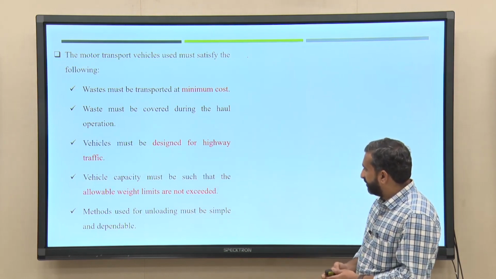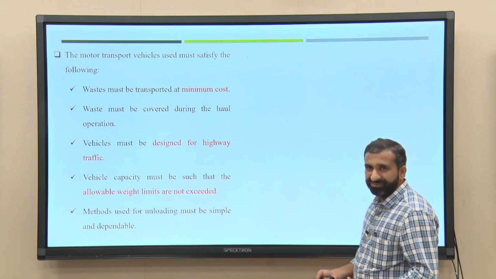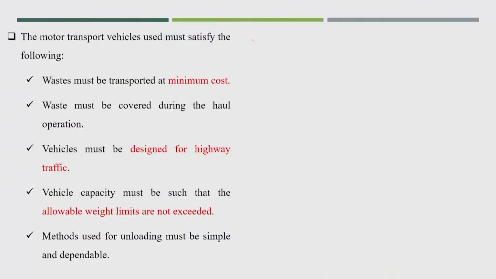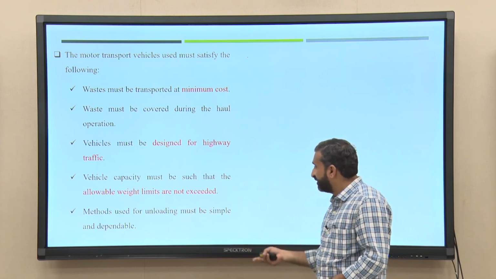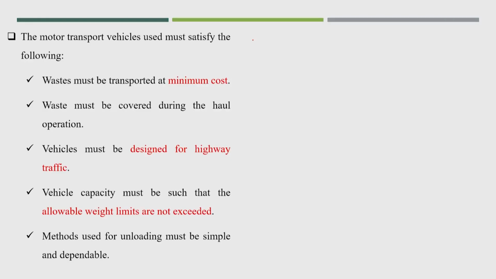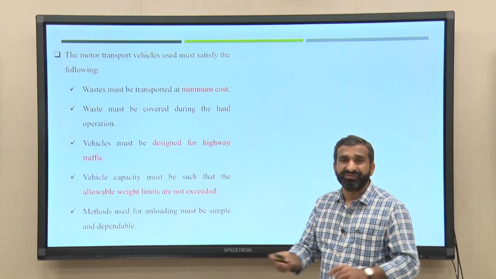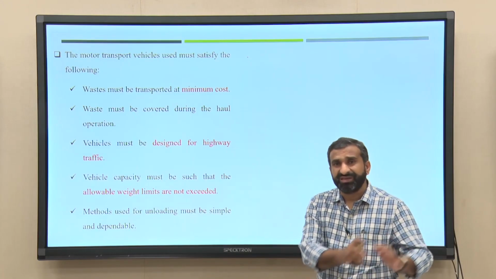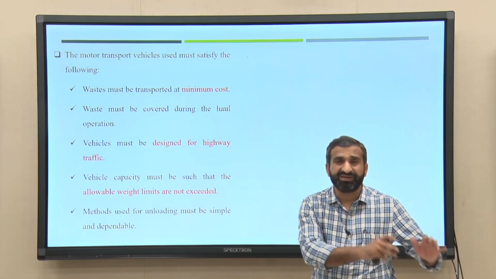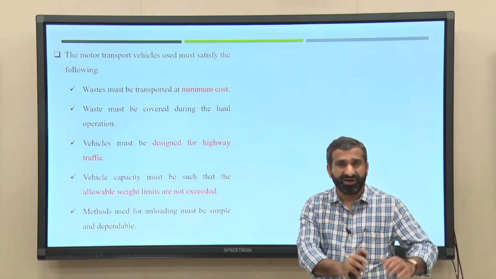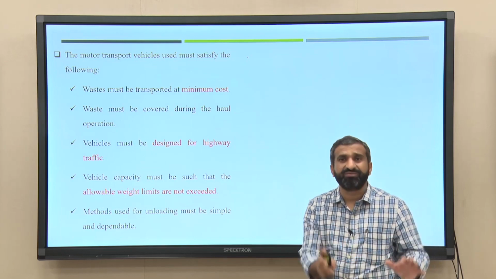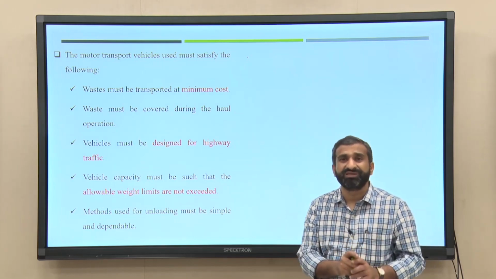The method used for unloading must be simple and dependable. I was talking about whether you can go for a stationary kind of vehicle, a haul kind of vehicle, or a special kind of vehicle, and why? Because your unloading must be very simple and dependable. It should not be very difficult at the disposal site, landfill site or recycling facility, because I think we won't get a lot of manpower there to unload the waste.